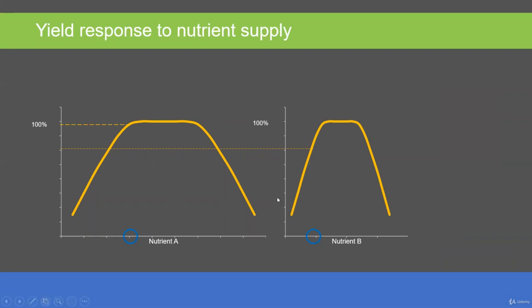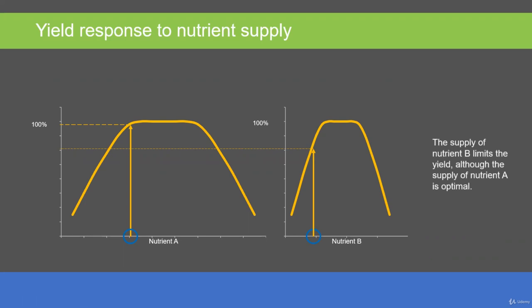Here we compare two nutrients, nutrient A, nutrient B. This is the level over here of nutrient A. So we can see that nutrient A is at its optimal level, it doesn't limit the yield. However, nutrient B is in a level that actually limits the yield.